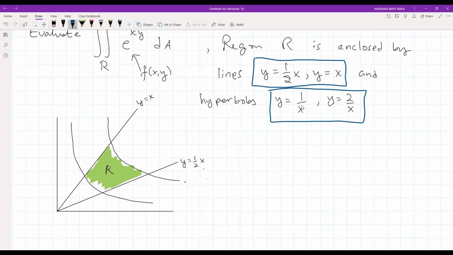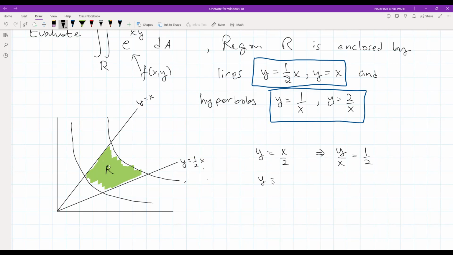Y equals x over 2, and therefore y over x equals 1/2. So my right-hand side is now a constant.